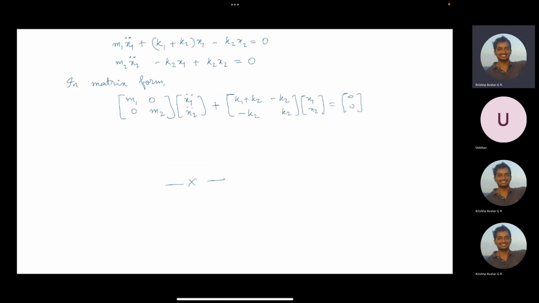We have m1 and m2 forming a diagonal matrix, multiplying the accelerations for both degrees of freedom x1 and x2, plus the k matrix with entries k1 plus k2 and so on, times x1, x2, equal to 0, 0. The first is known as the mass matrix of the system, and the second is known as the stiffness matrix of the system.